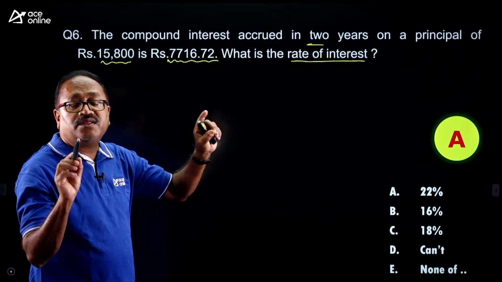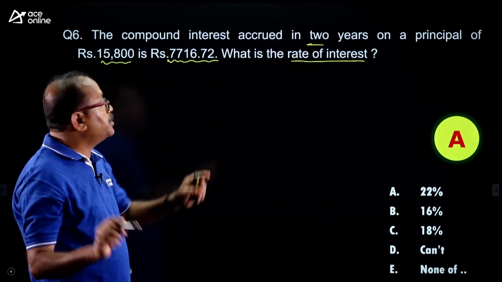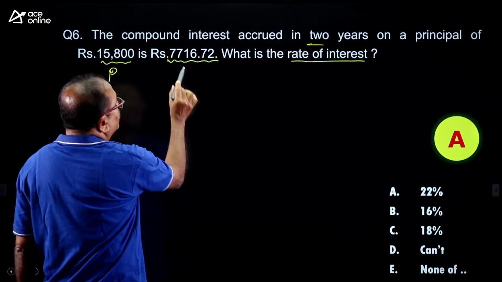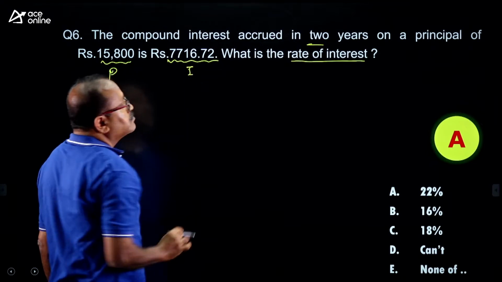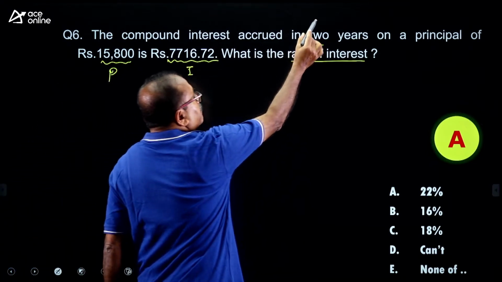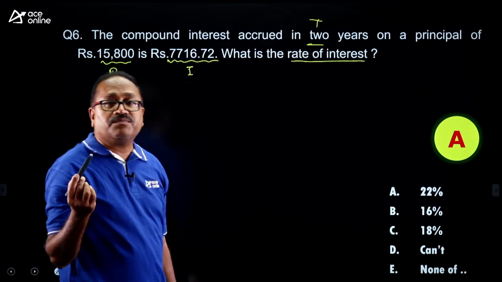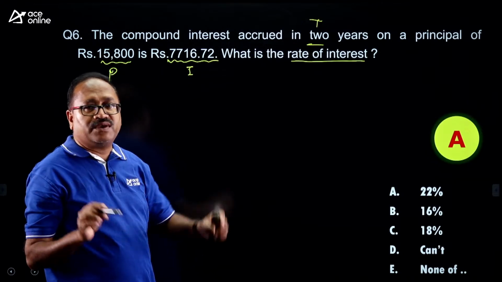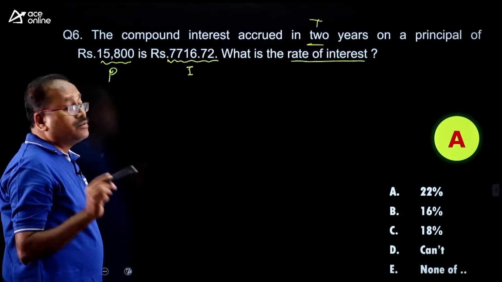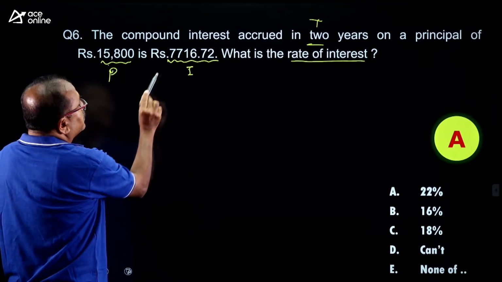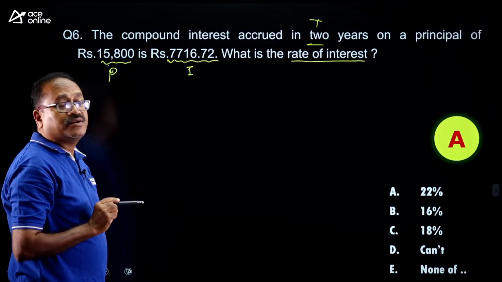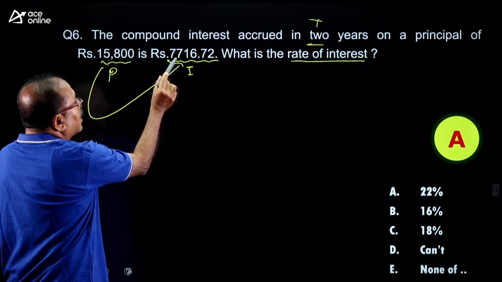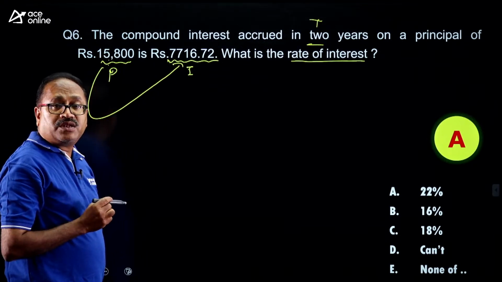Simply find the rate of interest in a case of compound interest where you have the principal, the interest and the time. So there is a formula you can place and get it. But look at this one. I picked this up from a previous year paper. This 15,800 and 7,700, is it not that this interest is close to half of the principal?